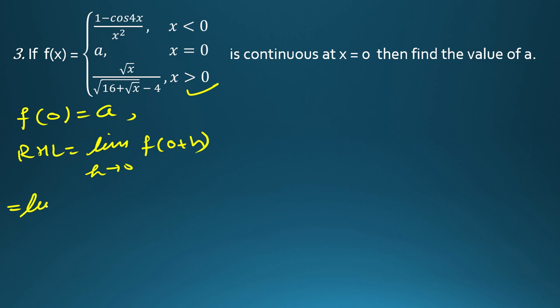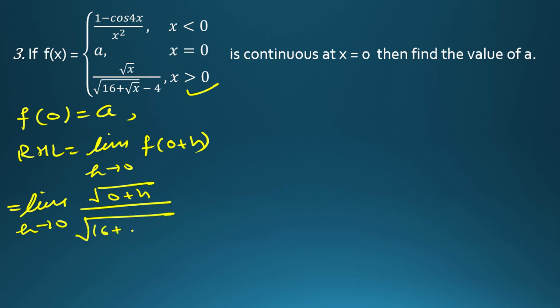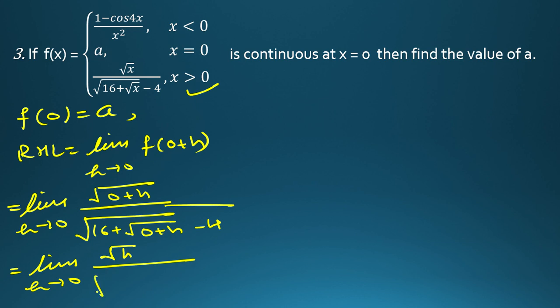So it will be limit h tends to 0 and it will be square root of (0 plus h) divided by square root of (16 plus square root of (0 plus h)) minus 4. Okay, now we have to simplify this limit. It is equal to limit h tends to 0 of square root of h over square root of (16 plus square root of h) minus 4.